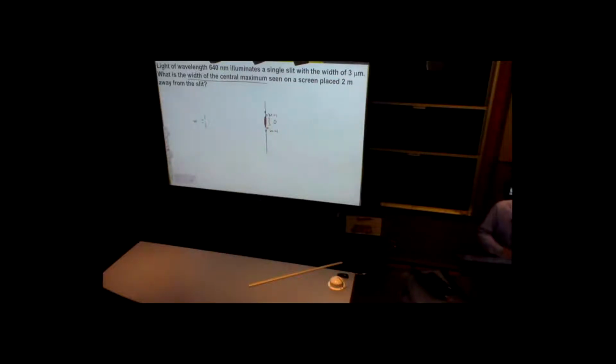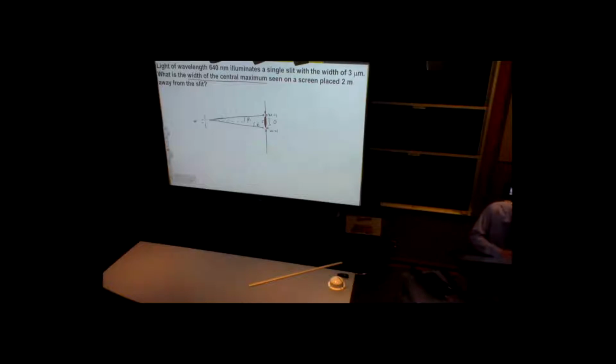What we know is that there is no light traveling in this direction, and there is no light traveling in that direction. If we draw a line perpendicular to the screen, that will be theta 1.